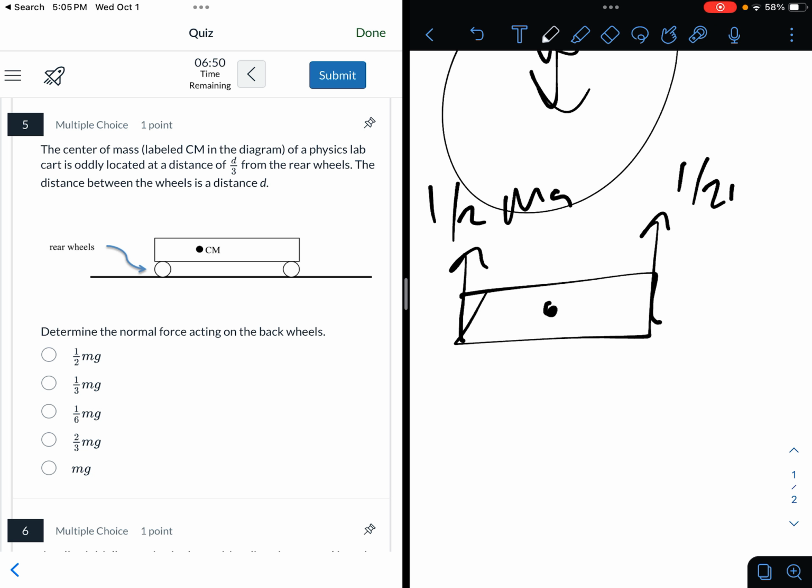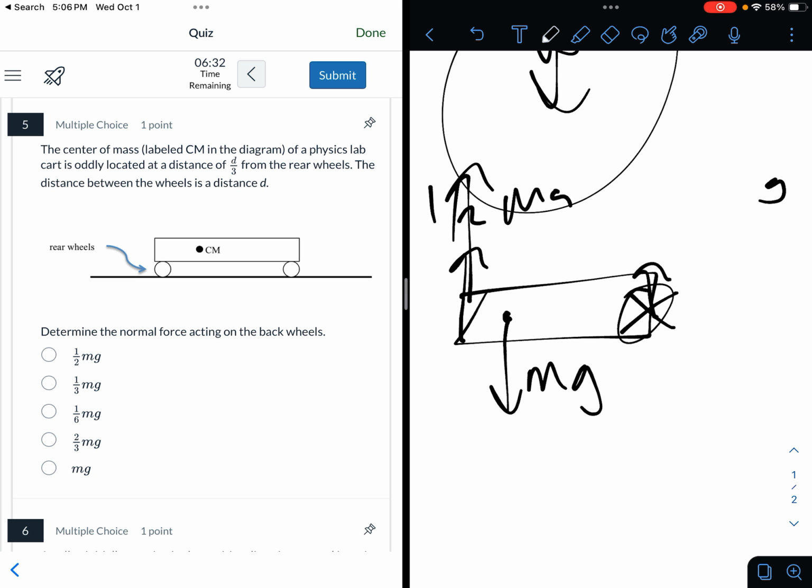But because it's closer to this side, about 1/3 of the way from here, this force will be a little bit larger and this force will be a little bit smaller than 1/2. If you draw your axis of rotation right there, mg is going to create a larger torque about that axis. To counteract that, your back wheels need to exert a larger force to produce a larger torque so that the torques are balanced.